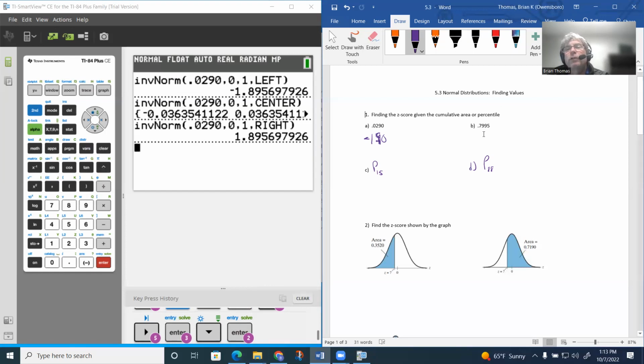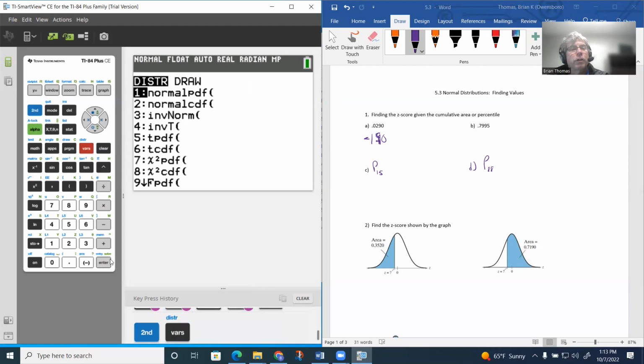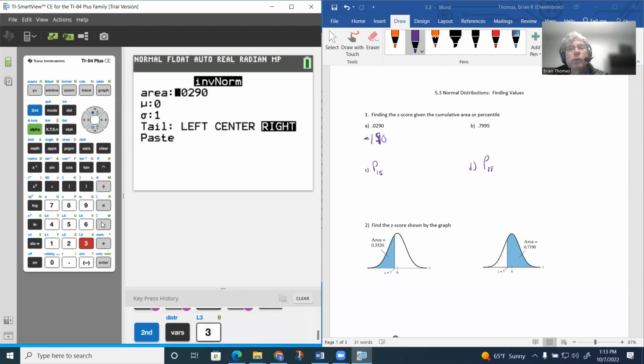The next one I have is the 0.7995. So if I clear my calculator out and do second distribution, number 3 inverse normal, if I change that to 0.7995, mainly the mean is 0, standard deviation is 1.